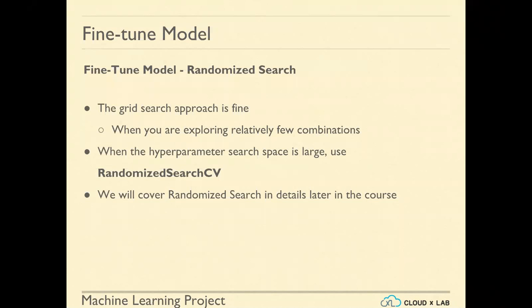At that point, instead of trying all possible combinations, we pick say a random 1,000 permutations, figure out the best ones among those, and then use grid search.